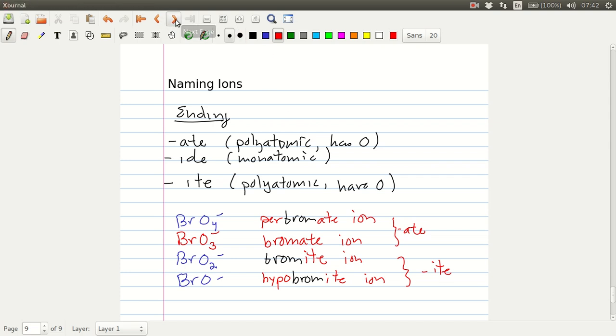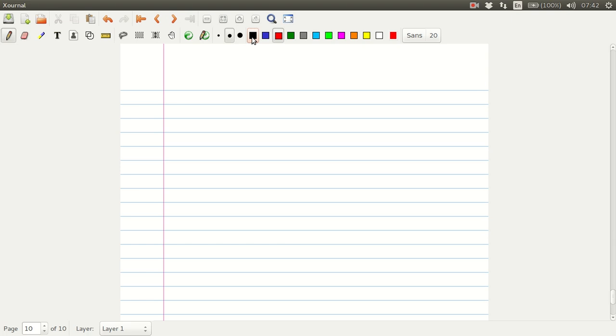Let me go and give you the pattern now. Okay, so we have our parent ion, and it ends with ATE. If we add an oxygen to the parent ion, then it's going to become per plus the stem, the root of the name, plus ATE ending. Let me just color it in like I did before.